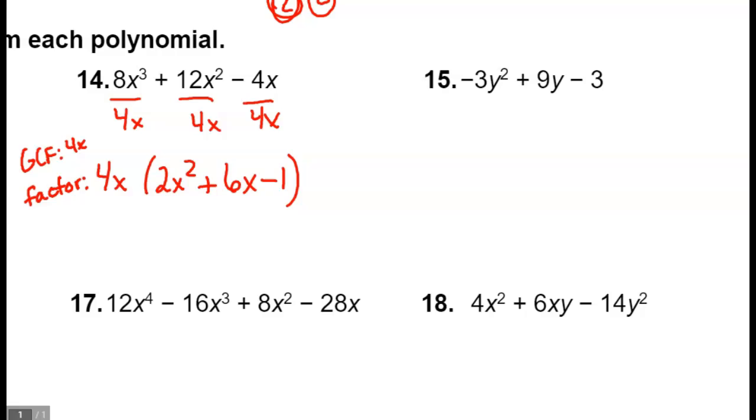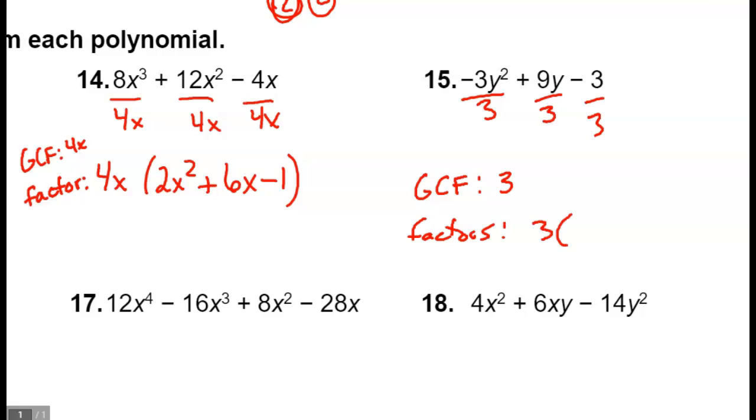So what can I factor out over here? I'm going to factor out a 3. So my GCF is 3. So I divide all of these by 3. So when we factor, my factors are 3, and then I'm dividing all these by 3 because we're doing the inverse operation of what we did to start this with the special cases.